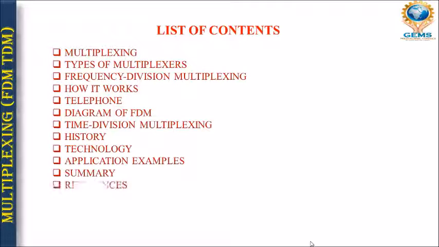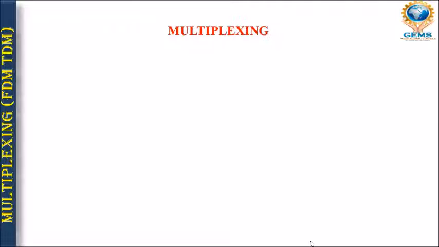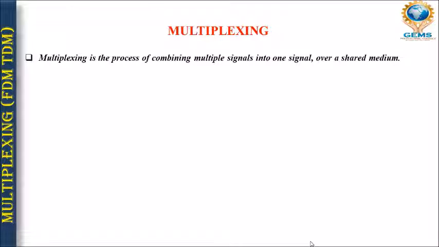So let's start with the video with the first topic, that is what do you mean by multiplexing. Multiplexing is the process of combining multiple signals into one over a shared medium. Whenever we want to transmit some signal, we have to multiplex the signal, because the input signal is not one, it is a combination of various signals, right?